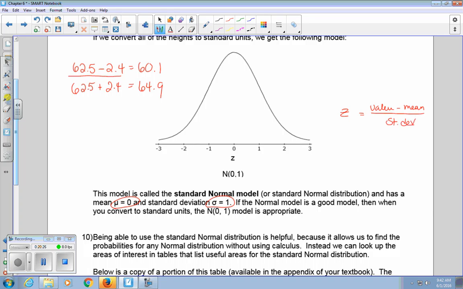And so we can standardize our data and then use the standard normal model. Being able to use the standard normal distribution is helpful because it allows us to find the probabilities for any normal distribution without using calculus, but rather using the standard normal distribution and a standard normal table.